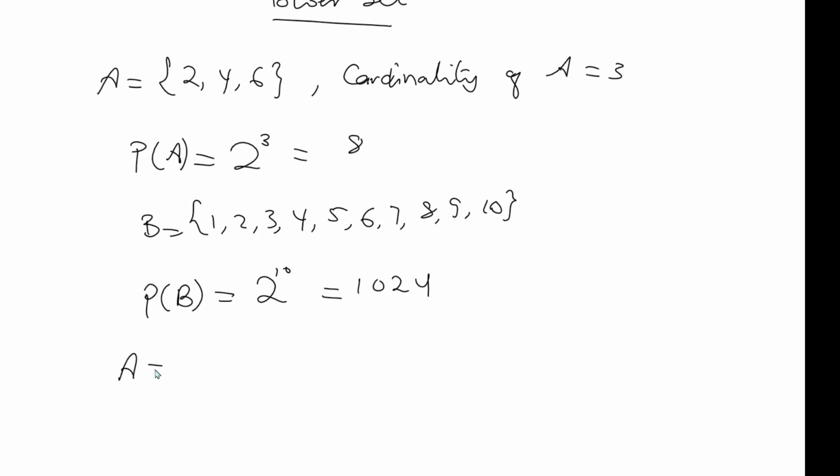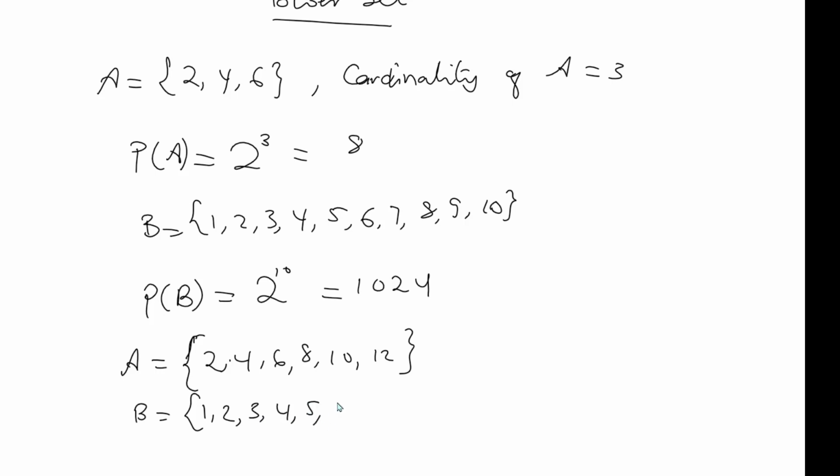For example, if I take, let's say, set A with the elements 2, 4, 6, 8, 10, 12, and then I have set B, which has the elements 1, 2, 3, 4, 5.